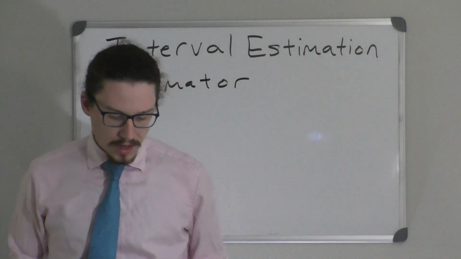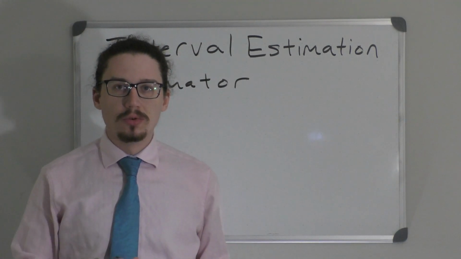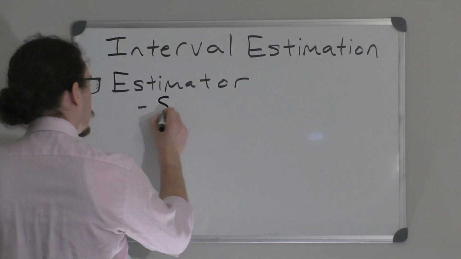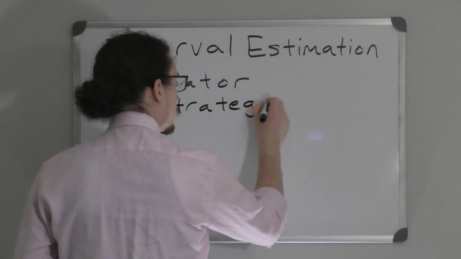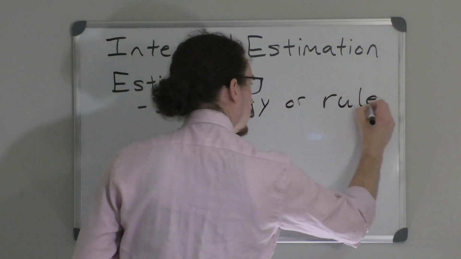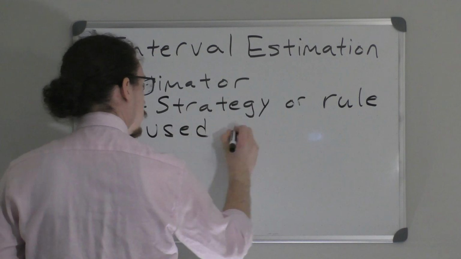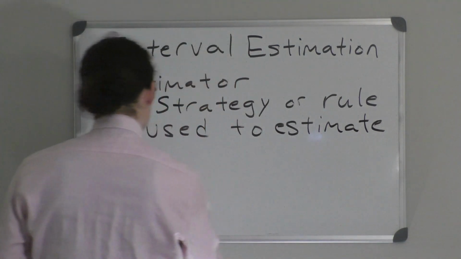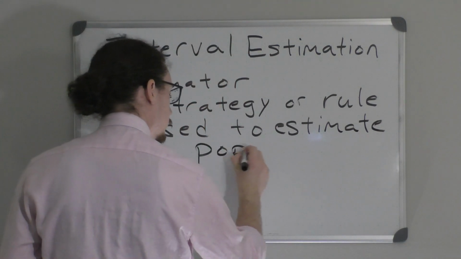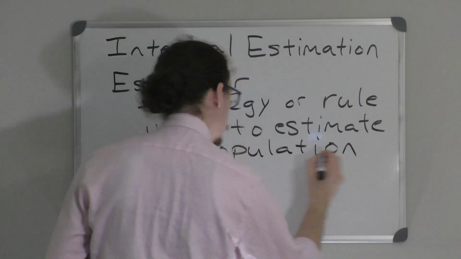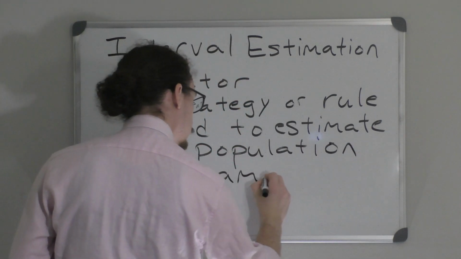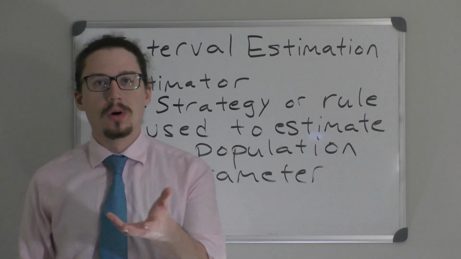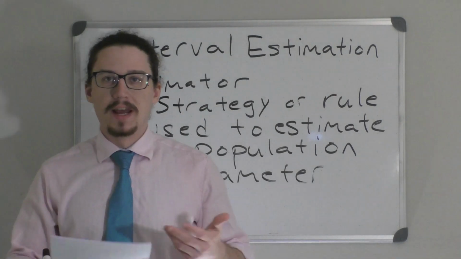An estimator is a strategy or rule used to estimate a population parameter. So something like the sample mean, or X bar, would be an example of an estimator, right?